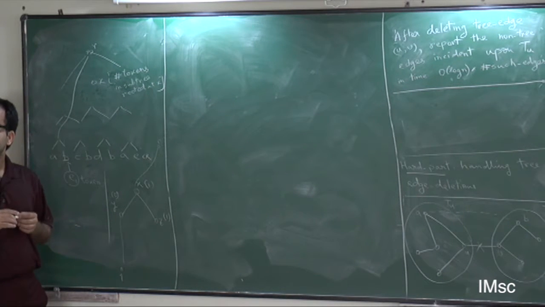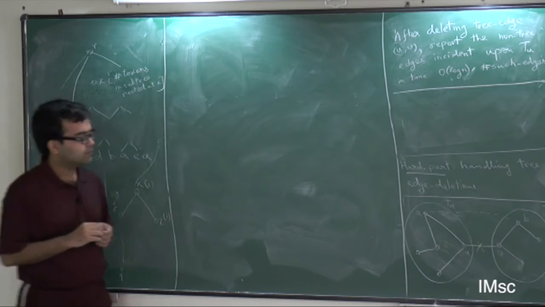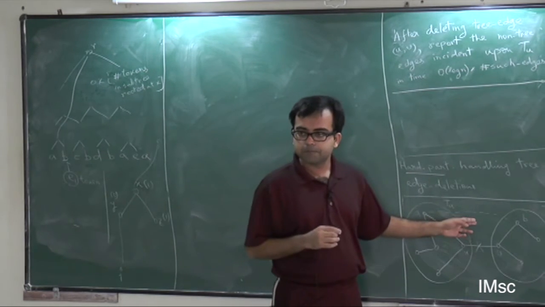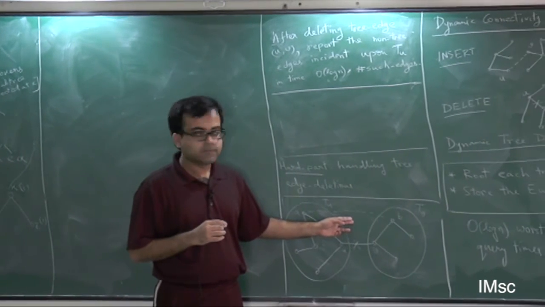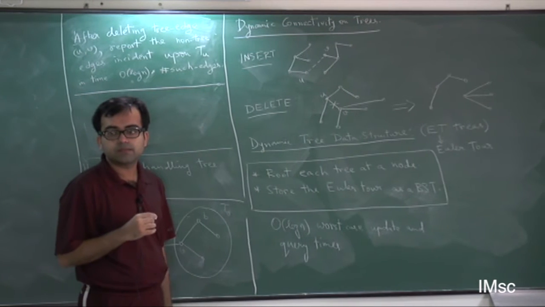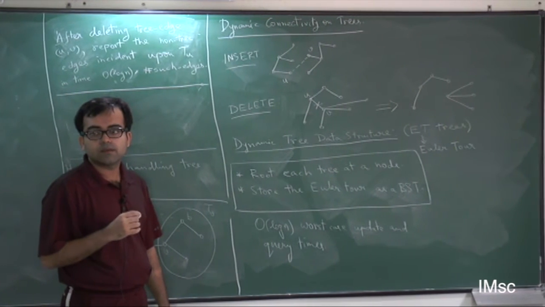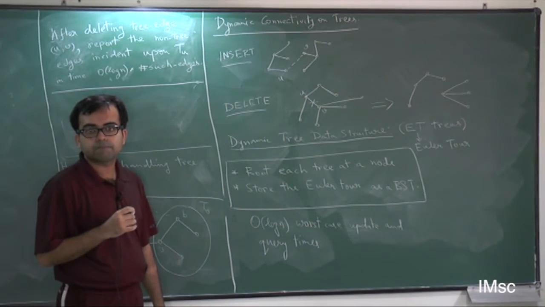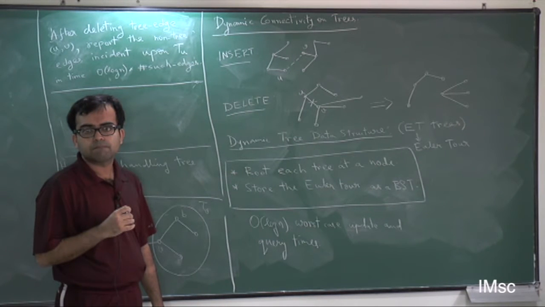What happens when you introduce this extra edge to merge these two things? How do you construct this binary search tree? That is what you do using this ET tree data structure: you merge the two lists. What about the yes-no tokens?